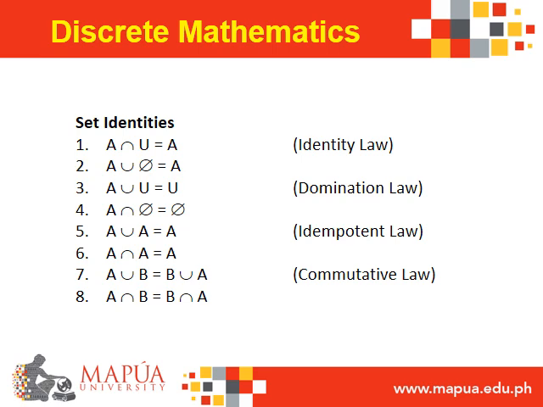The next part of the slide covers what you call the set identities. These set identities are the different governing laws on your respective sets. Numbers 1 and 2 represent what you call the identity law. Numbers 3 and 4, the domination law. Numbers 5 and 6, the idempotent law. Numbers 7 and 8, your commutative law.